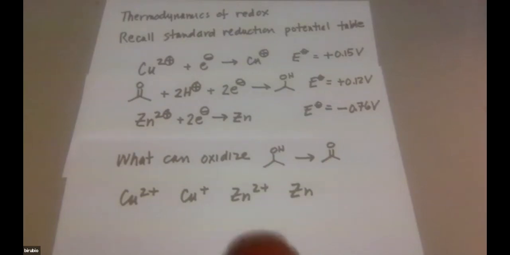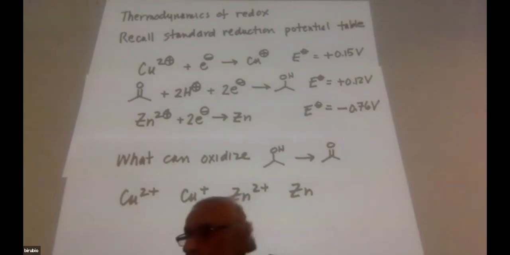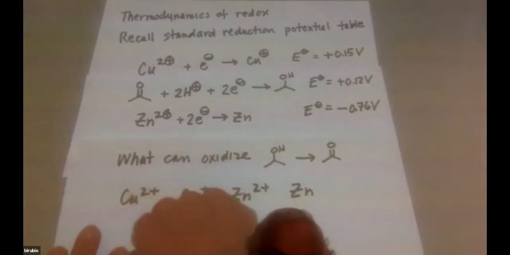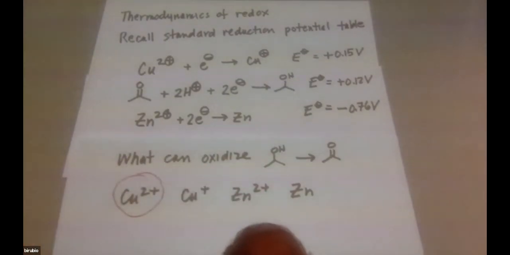Yeah, it's going to be copper 2+. And guess what? That's what you're doing in one of your labs. You're going to use copper 2+ to oxidize an alcohol to a ketone.